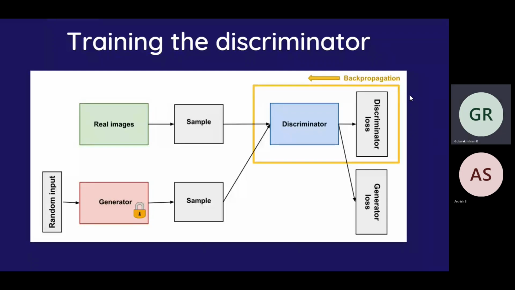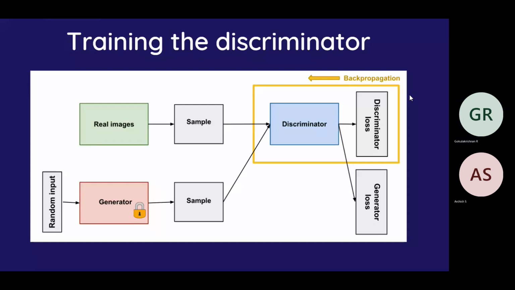During this process, while the discriminator is training, you can see that the generator has a lock sign on it. That essentially means whatever loss is being back propagated is not being used to change the weights of the generator. The generator model is kept constant.